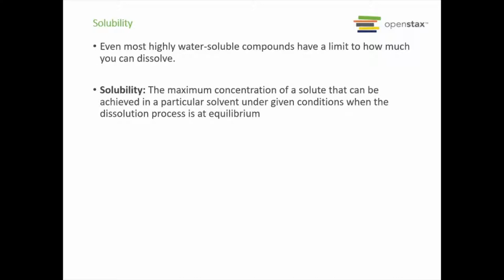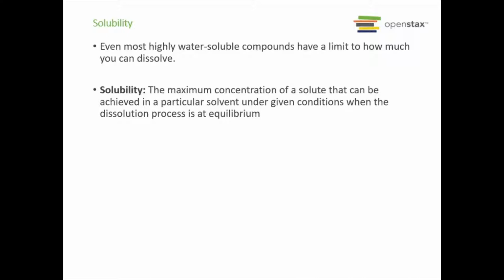Okay, and that means that even these highly water-soluble compounds have a limit to how much can actually dissolve in solution. So solubility is the maximum concentration of a solute that can be achieved in a particular solvent under given conditions when the dissolution process is at equilibrium.